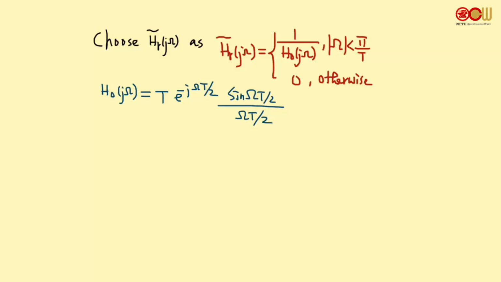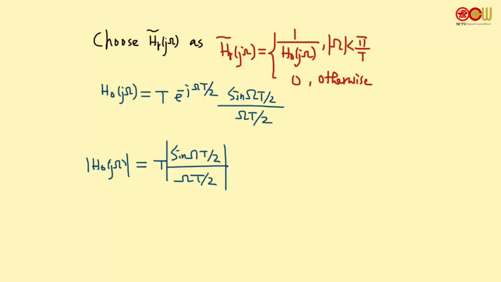It's like a sinc function in the frequency domain. So if we draw the magnitude response, it will simply be the magnitude of t times sine omega t over 2 over omega t over 2.